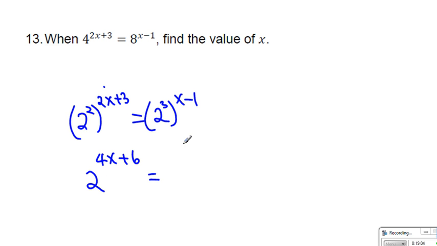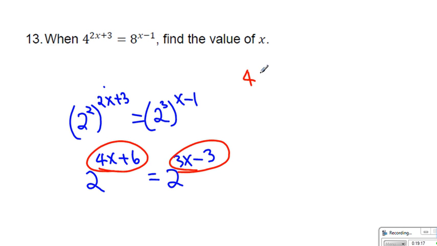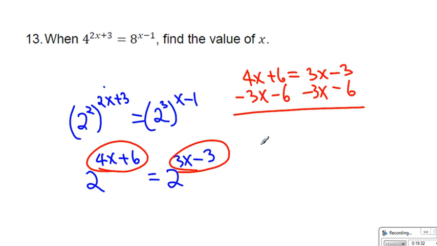That must be equal to 2 to the 3x minus 3. Since the bases are equal, the exponents must be equal to each other. So 4x plus 6 must be equal to 3x minus 3. As we subtract 6 and subtract 3x, you will realize that x is left as negative 9. So negative 9 becomes our final answer.